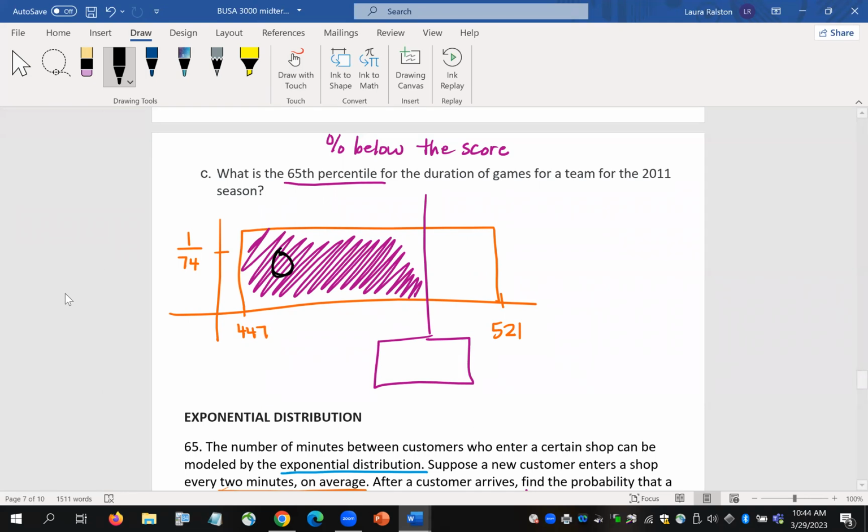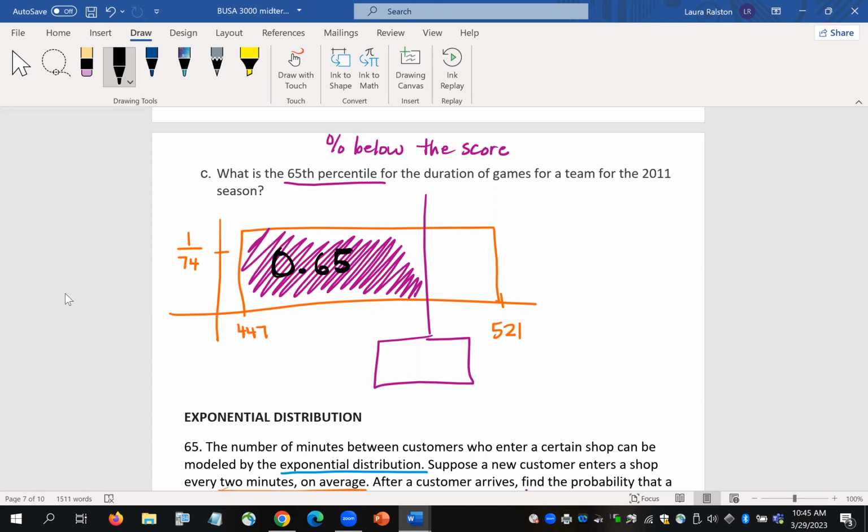Well, this is a cutoff question, but it's a cutoff question for the uniform distribution, not the normal. Oh, okay. So I know that that shaded magenta purpley looking region is 65%. I'm looking for what X value does that correspond to.